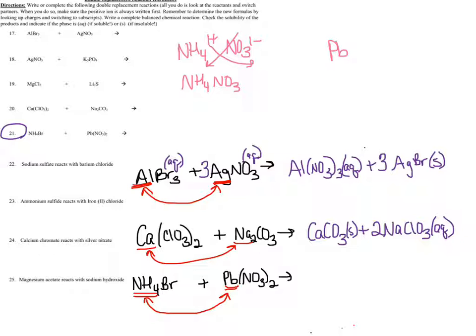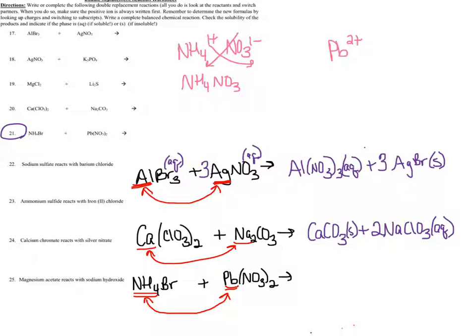Pb had to have a +2 charge, because if I look up NO3, that's a 1- charge. There's 2 of them, so that's a 2-. So Pb would have to be +2 so that the charges equalize and cancel out to make a neutral ionic compound. So whatever the charge of an ion is to start with, that's going to be the same charge in the product. So this is Pb with a 2+ charge.